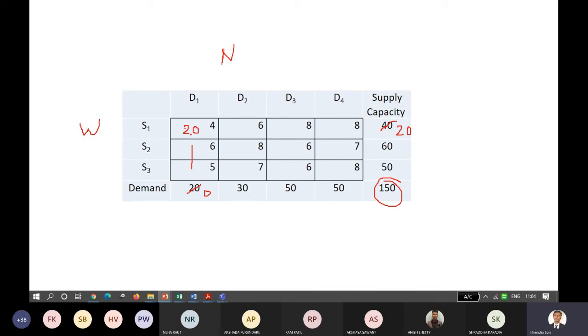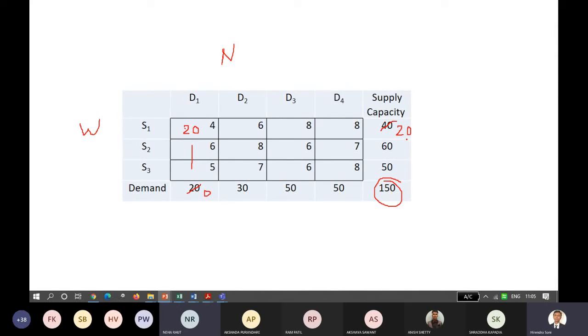Simple, correct? The minute I make an allocation of 20 units here, my supply capacity for S1 reduces from 40 to 40 minus 20, which gives me 20. Are we okay up to this? Are you able to see my pointer also? Yes, sir.